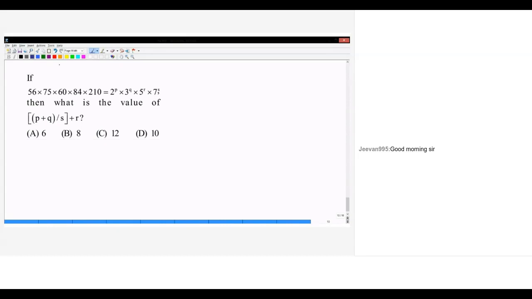How do we write it? 56, 8 into 7. 75, 3 into 5 square. 60, 2 square into 4, 2 square means 4, 4 into 15 means 3 into 5. 84, 2 square into 3 into 7. 210, 2 into 3 into 5 into 7.